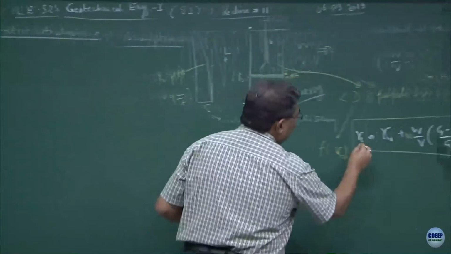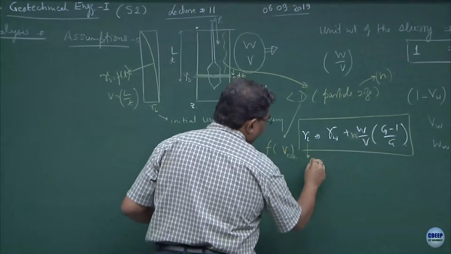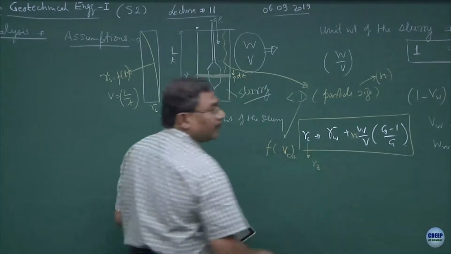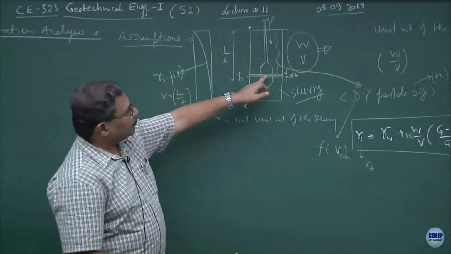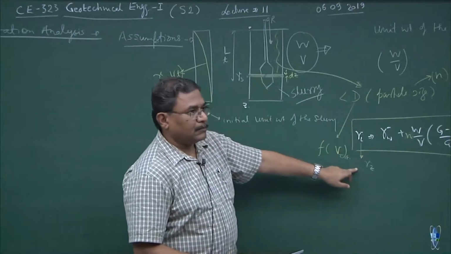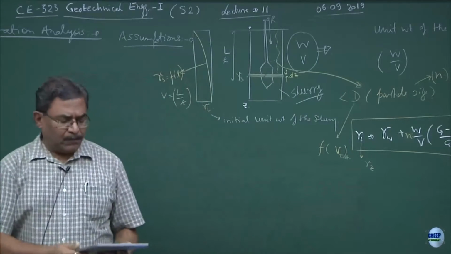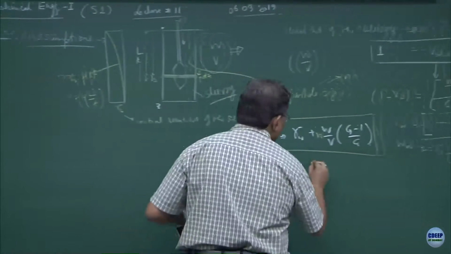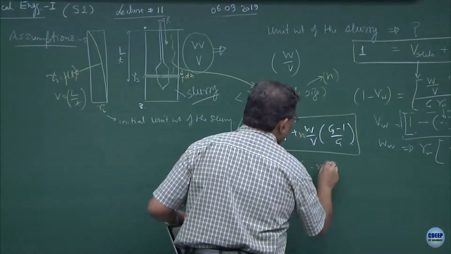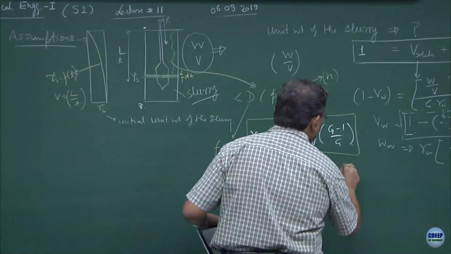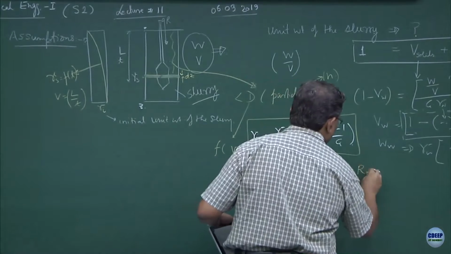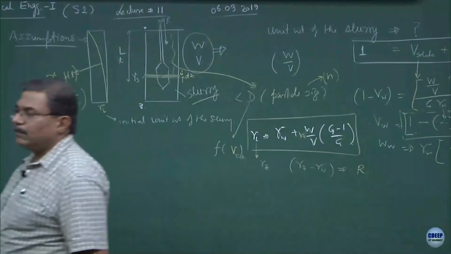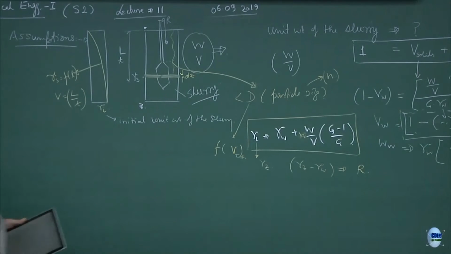So, gamma I at an instant would be equal to gamma Z, because this is what you are measuring at this point. All right. Gamma Z minus gamma W is sometimes defined as R. Now, R is the hydrometer reading.